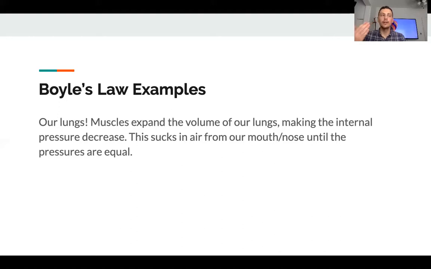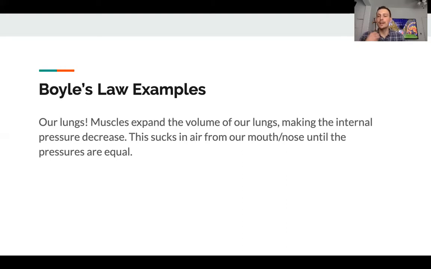And naturally, gases like to have the same pressure everywhere as best they can. There's an old saying that nature abhors a vacuum, right? Vacuums don't exist naturally because gases and liquids will go and fill up that vacuum. So our lungs are creating almost a vacuum of sorts based on Boyle's law.